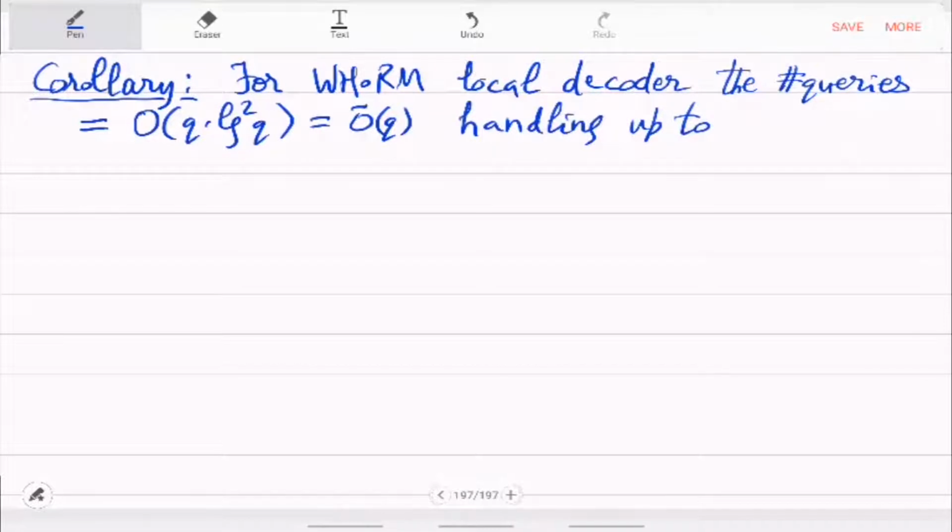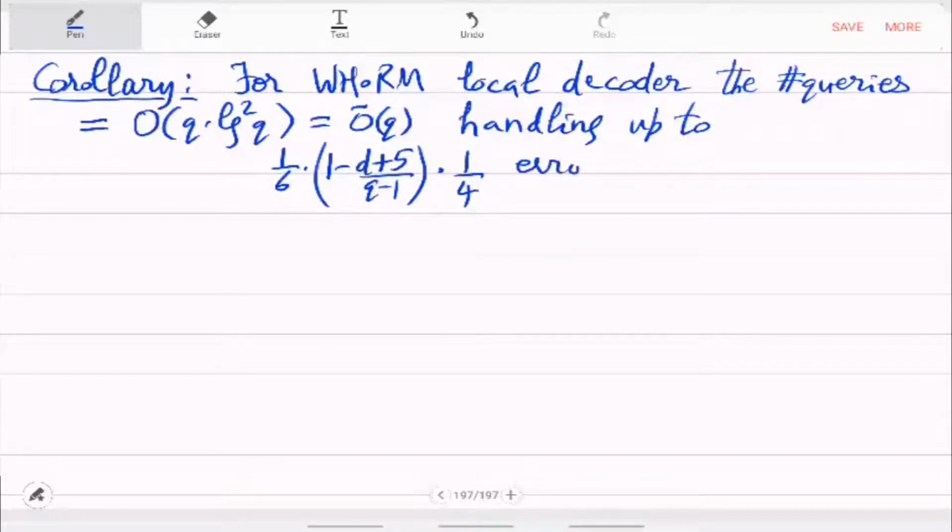So, for Reed-Muller you will get 1 by 6 (d plus 5) by (q minus 1), and for Walsh-Hadamard it is 1/4 errors, which is around 4% errors. Where Q is the size of the field.